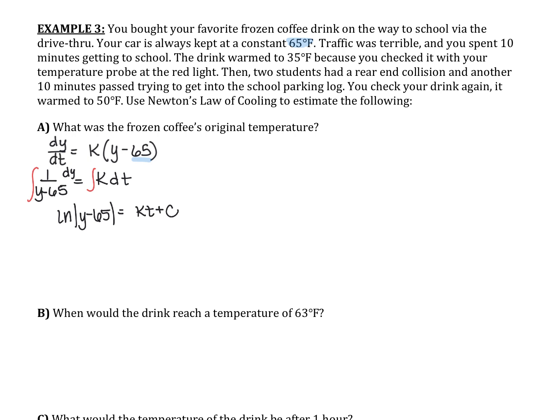And you guessed it, we're going to exponentiate now. So this will be e raised to the natural log, e raised to kt plus c. Skipping a few steps, we get y minus 65 equals some constant times e raised to the kt. Now, solving this, we get y equals Ae to the kt plus 65.